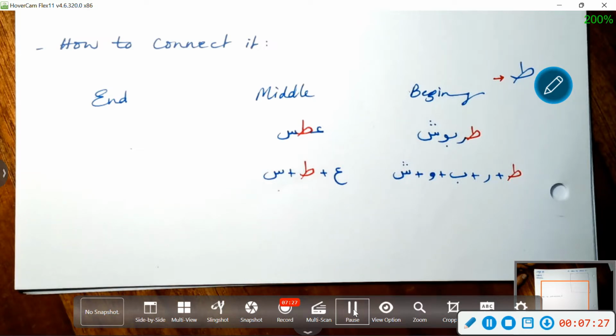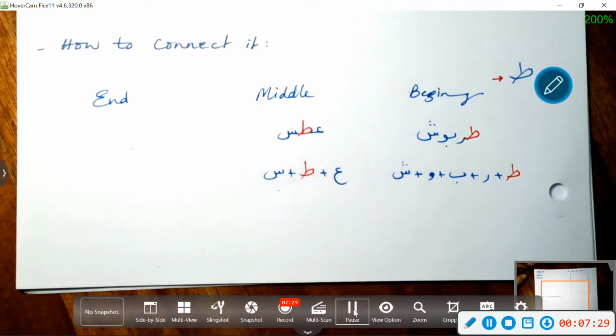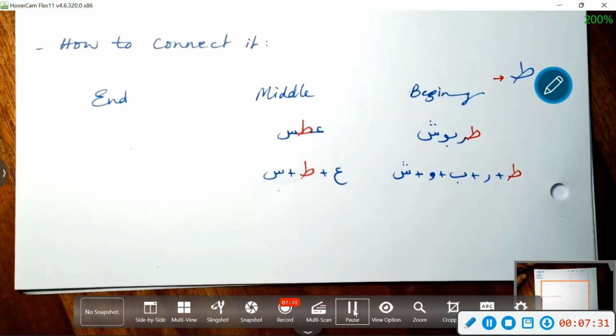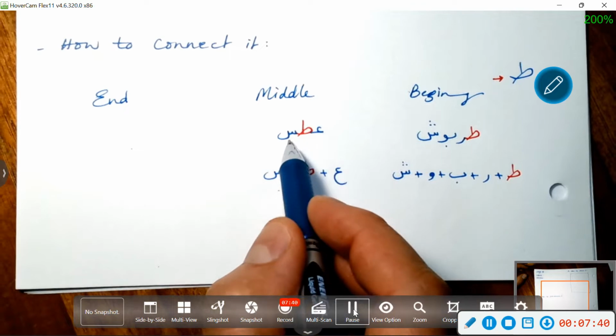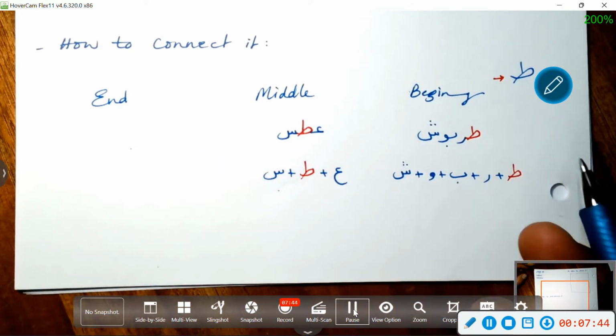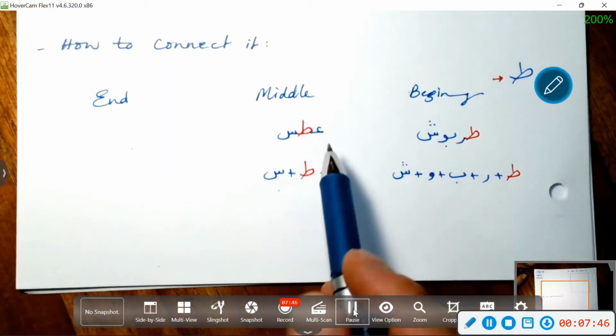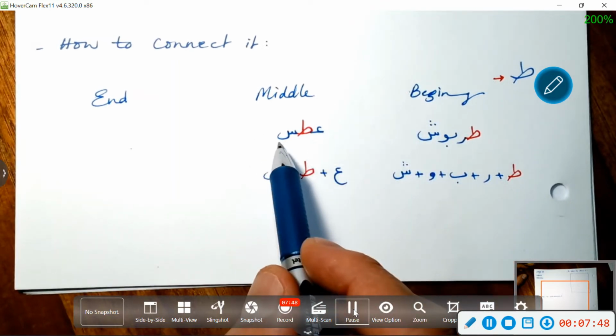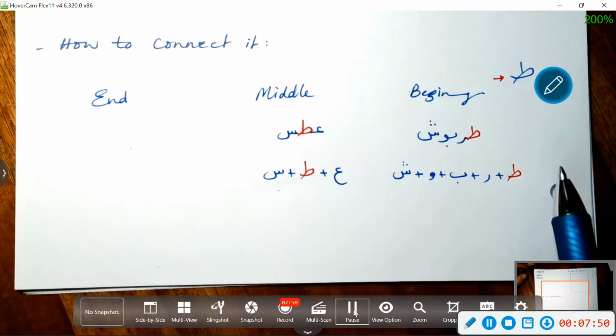So you have to use too many muscles, and you tend to use the easiest way to say the word. So with time, the sin starts sounding like sa. So that's the easiest way to say it. So atas, sin here sounds like sa. Take a note of that.